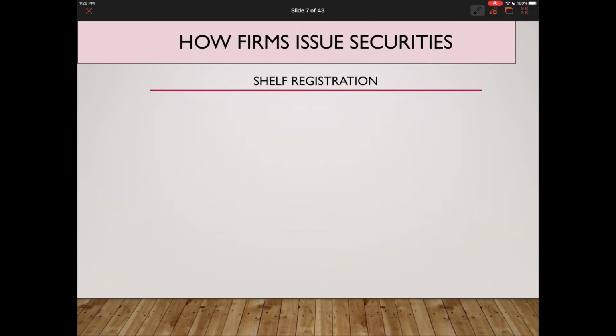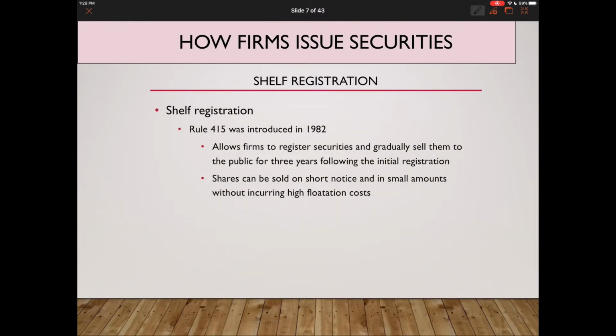Another aspect of these IPOs and this offering of new equity securities is a term called shelf registration. So shelf registration, this Rule 415, was introduced in 1982, and it allows firms to register securities and then gradually sell them to the public for 3 years following the initial registration.